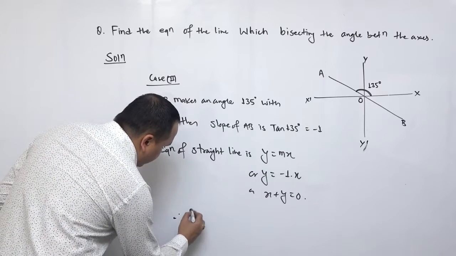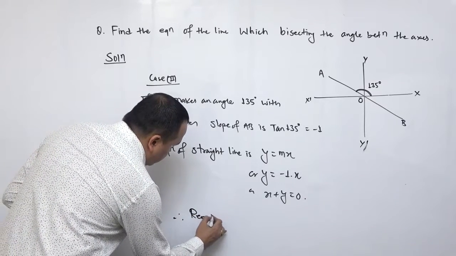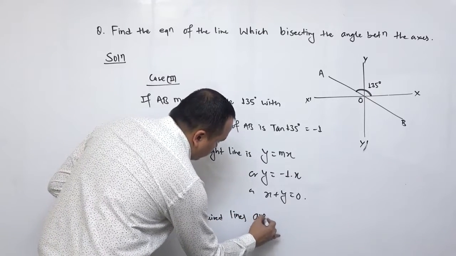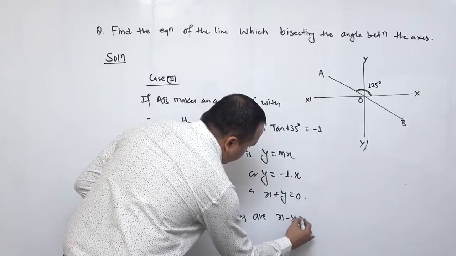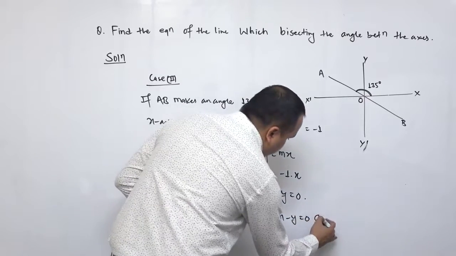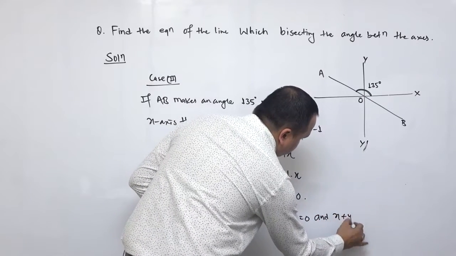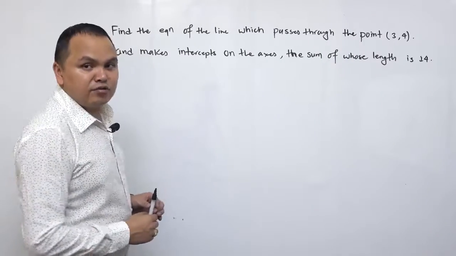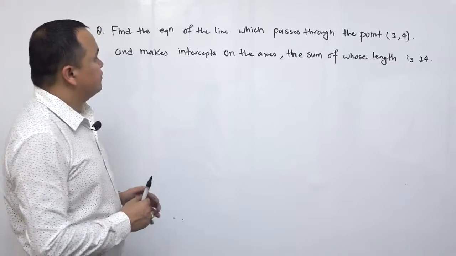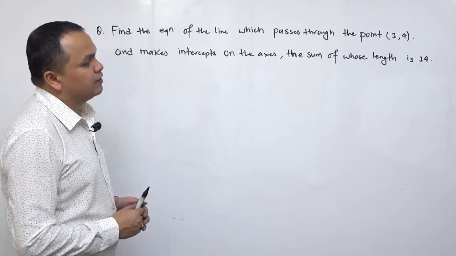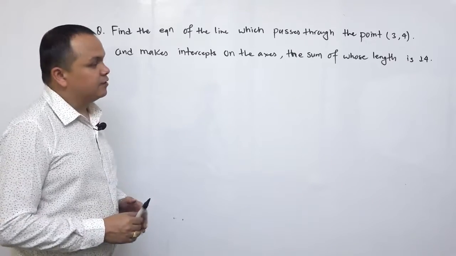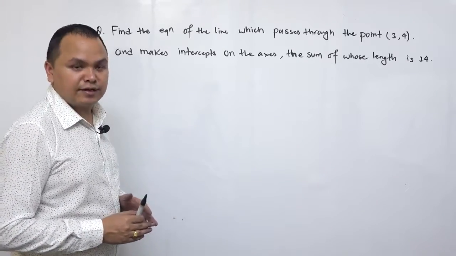Therefore, the required lines are x minus y is equal to 0 and x plus y is equal to 0. We take another example. Find the equation of the line which passes through the point 3, 4 and makes intercepts on the axes, the sum of whose lengths is 14.